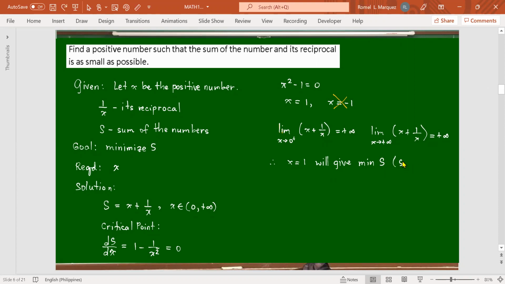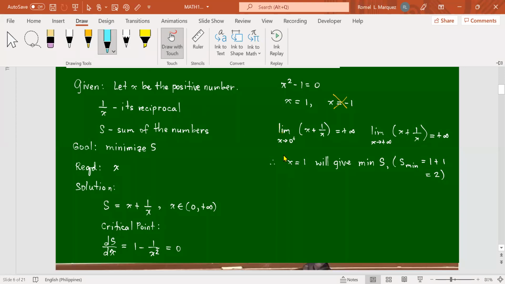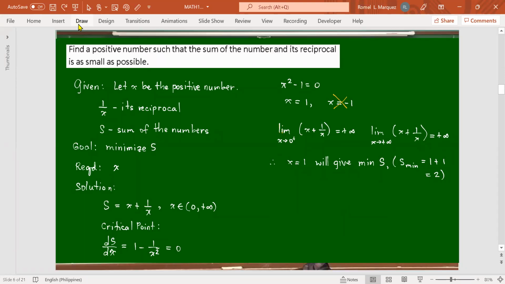What is S minimum, guys? 1 plus the reciprocal of 1 is 1, so it is equal to 2. So this is the answer. Get it, children? Hence, the positive number is 1.